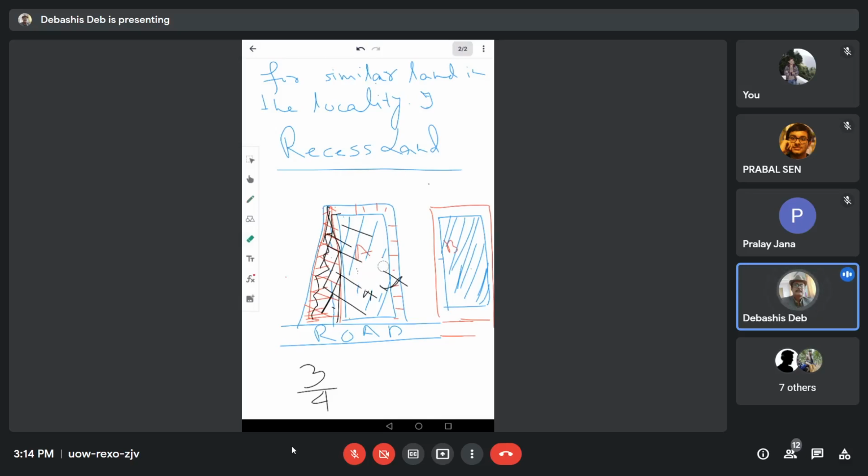Say if it is x for A, it is x for B, then the recess value will be three-fourth x, means a little bit lesser. This is a discount given by the government authority to common people, because since the land is irregular, he cannot use it optimally. So the valuation will be made at a lesser amount.